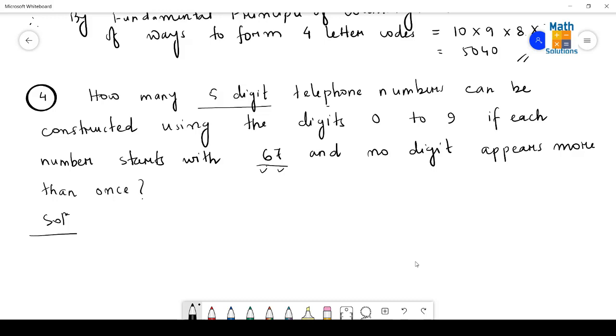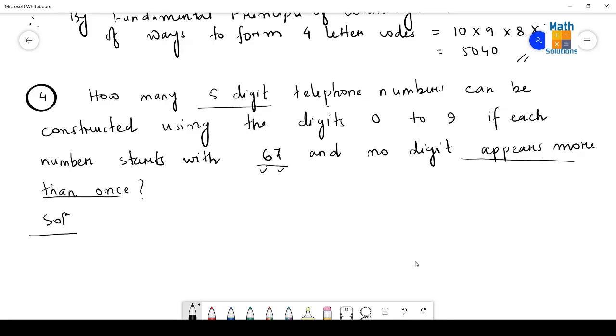This is fixed. If the first 2 digits are already fixed, how many digits are left to be filled in? Of course 3. And the digits to be used here are 0 to 9. If each number starts with 67 and no digit appears more than once, means repetition is not allowed. Each digit we can use once only.